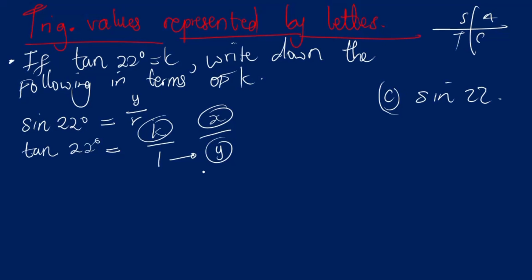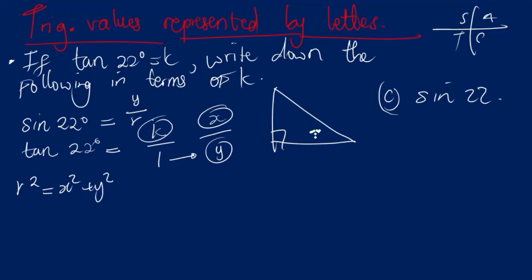See that? Perfect. So now, because we are looking for the sine of 22 in terms of k, we have to look for whatever we need. In this case, we need r. So let's find r. How do we find r? We know that r squared is equal to x squared plus y squared, according to a right angle triangle.